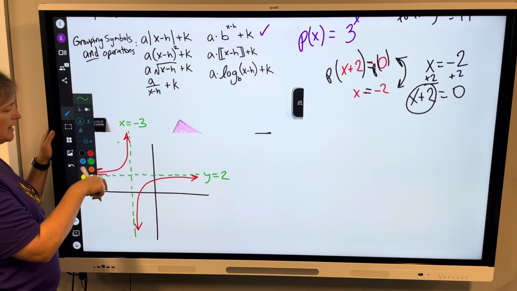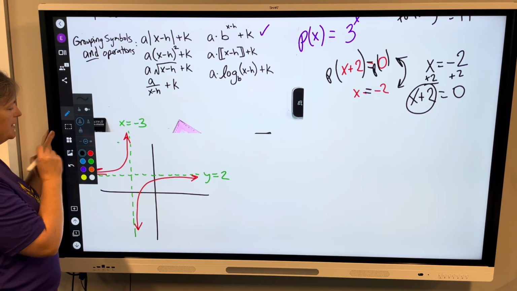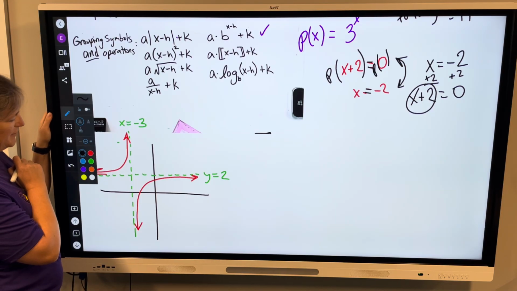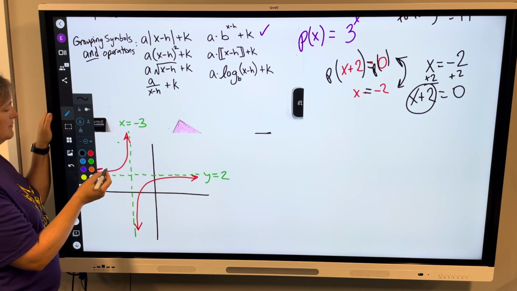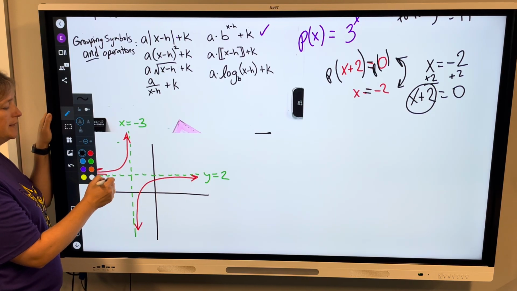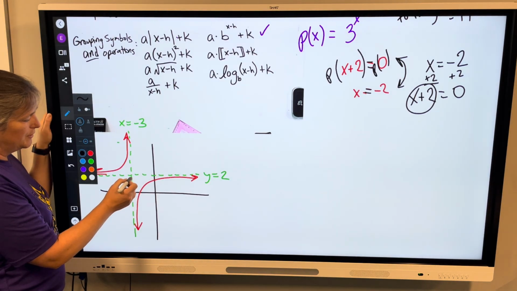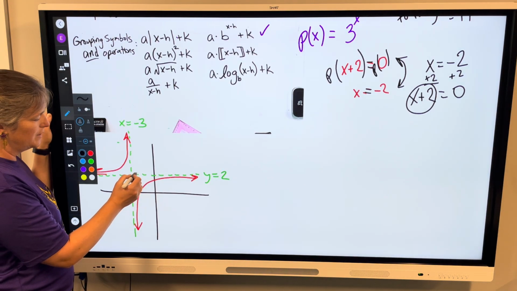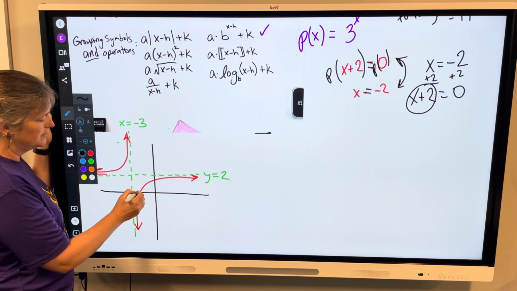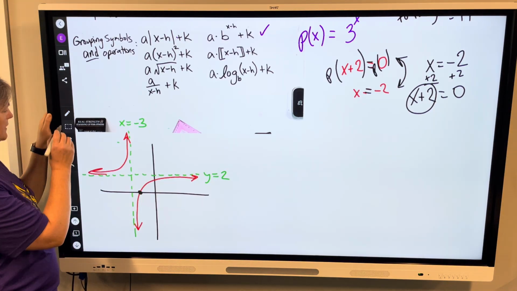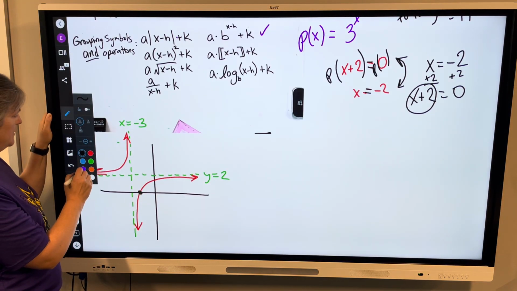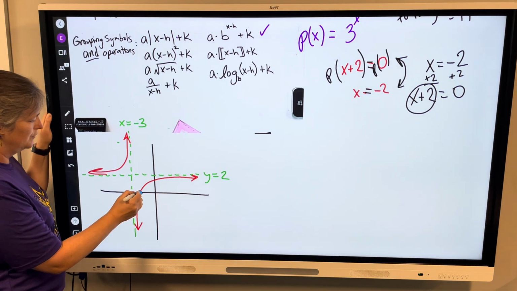Now something that I can't do very well because I don't have a grid here is count out the points that are going on here. But what I want you to notice is that when I'm here at x equals, well, let's look at this point right here. I'm going to even highlight it bigger. I'm going to make it blue.